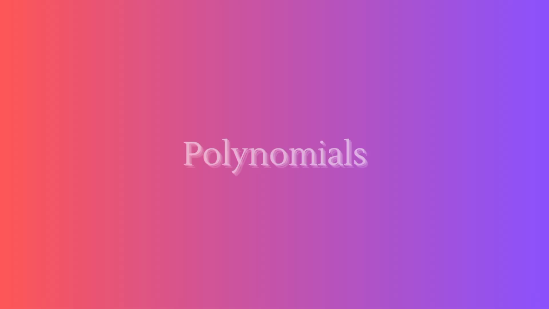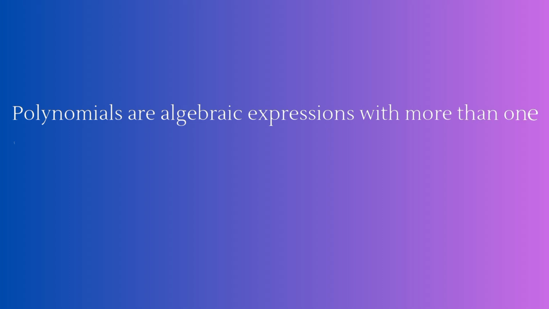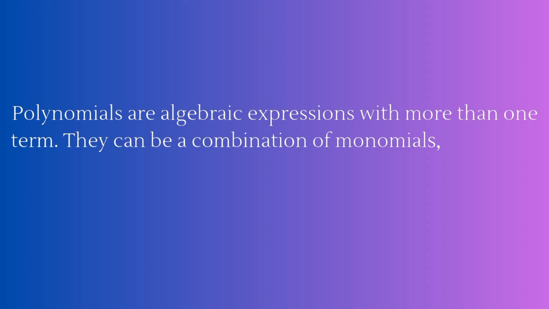Finally, let's talk about polynomials. Polynomials are algebraic expressions with more than one term. They can be a combination of monomials, binomials, and trinomials. A polynomial can be a single term like a monomial or a sum of multiple terms.